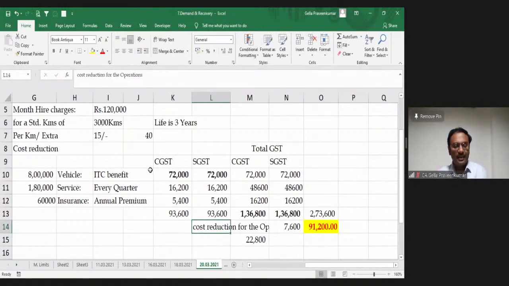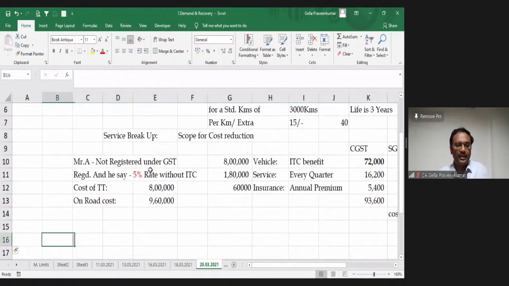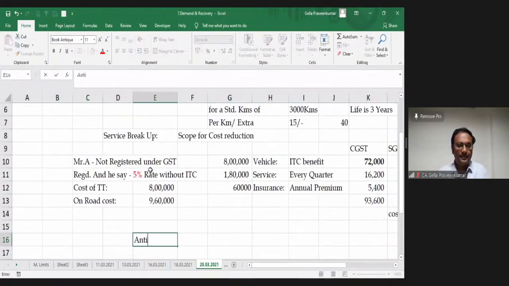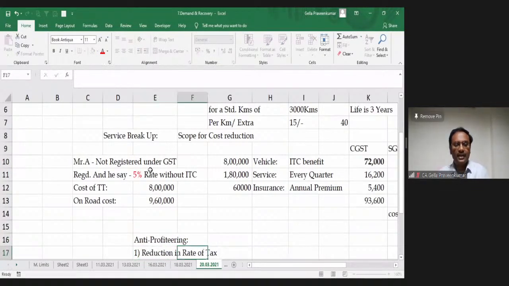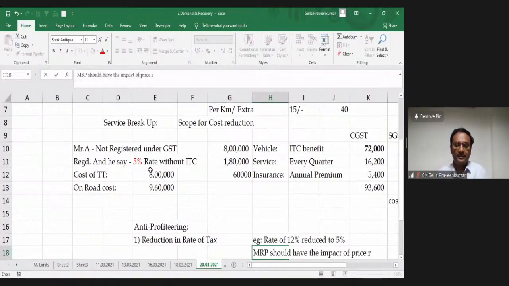Now, this is one model which makes me think of something called anti-profiteering. I'll come back to my anti-profiteering. What the authority says is, look, when there is a reduction in rate of tax, for example your rate of 12% reduced to 5%, then my MRP should have the impact of price reduction.